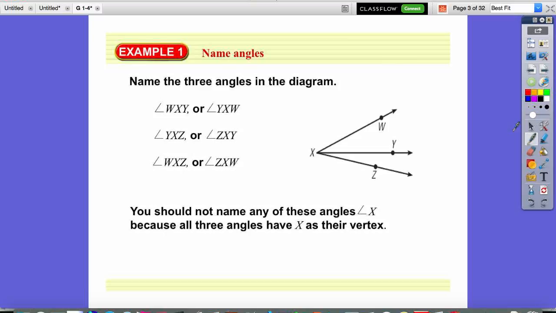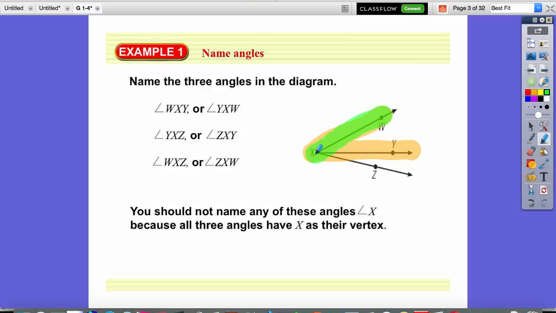So moving on, we want to name the three angles in this diagram. Now we cannot say angle X here because there's multiple angles. So there is angle WXY, we can also call it YXW.